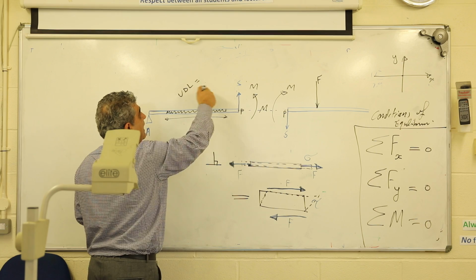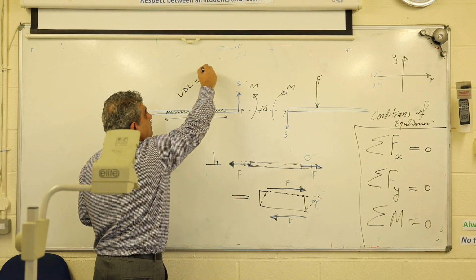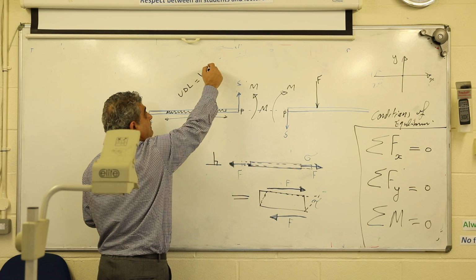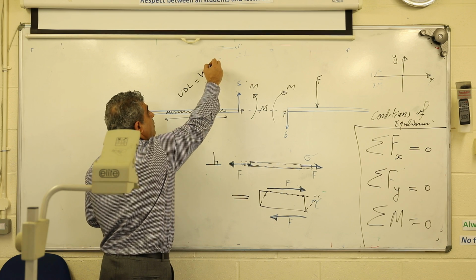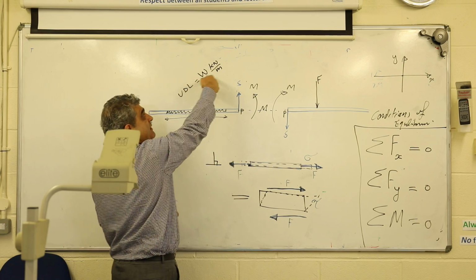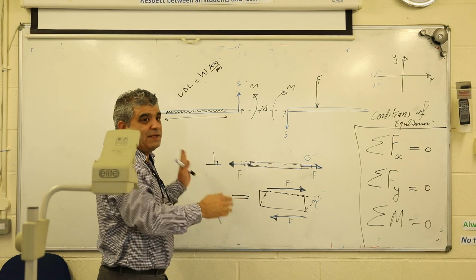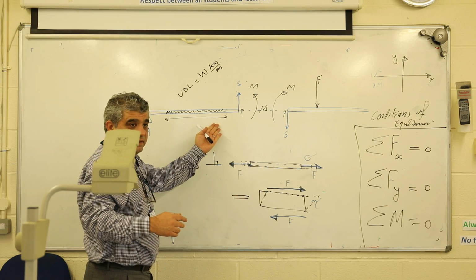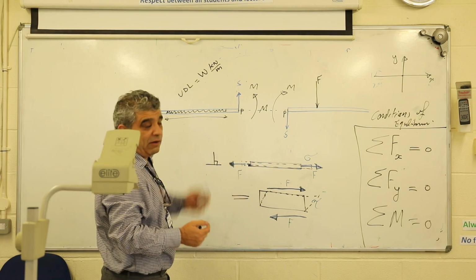And usually they say W kilonewton per meter. That's the best way to show it. This W can be 6 kilonewton per meter. It means every meter of this length carries 6 kilonewton, which I call W here.